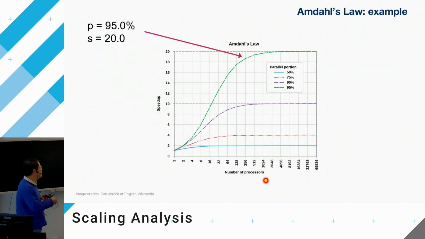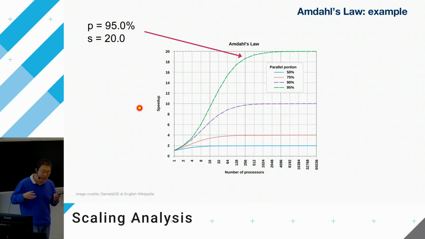And if you plot this Amdahl's law, you will see something very interesting for the speed up with respect to the number of the processors, right? You may have this idea, okay, I run my application with more and more CPU cores.